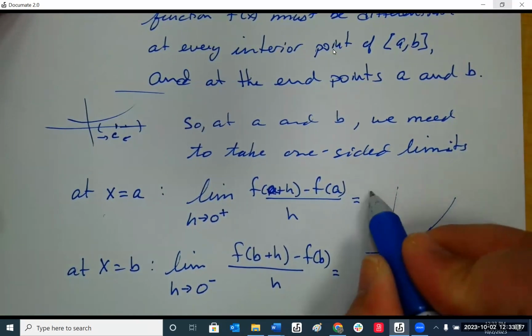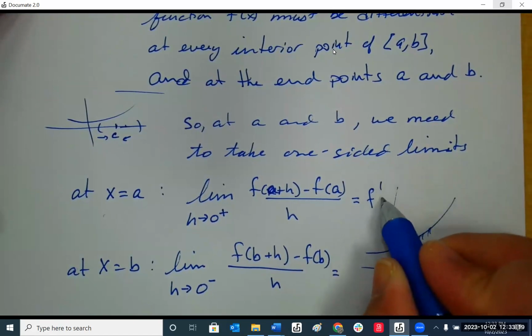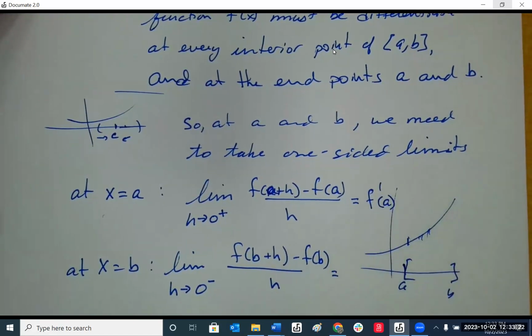So both of these are derivatives, and they have names.